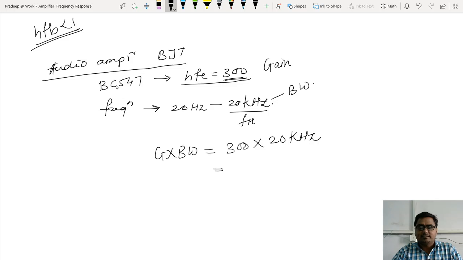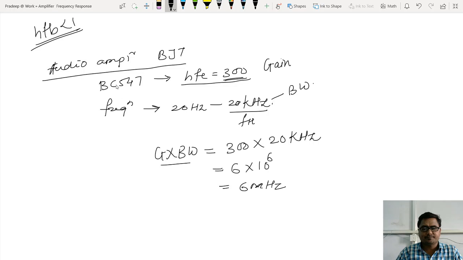Let me calculate it exact number, 300 multiplied by 20,000. It will be 6 mega, 6 multiplied by 10 raised to 6 hertz, megahertz. That is what gain bandwidth product.